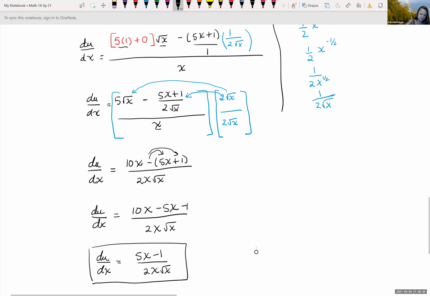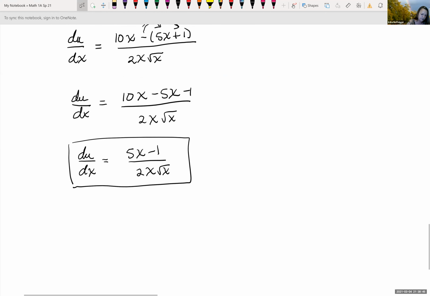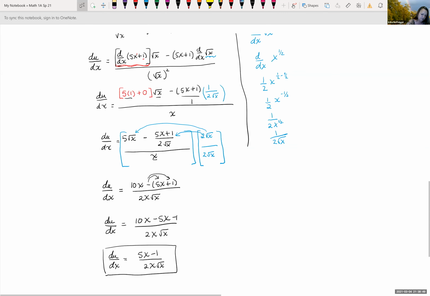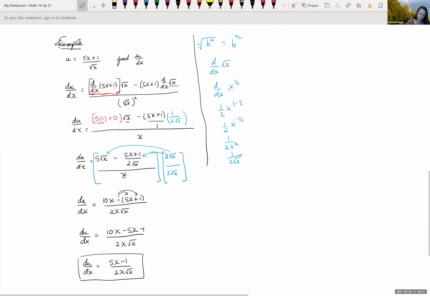So the derivative of u, which was 5x plus 1 all over square root of x, is equal to numerator 5x minus 1 all over the denominator 2x square roots of x.